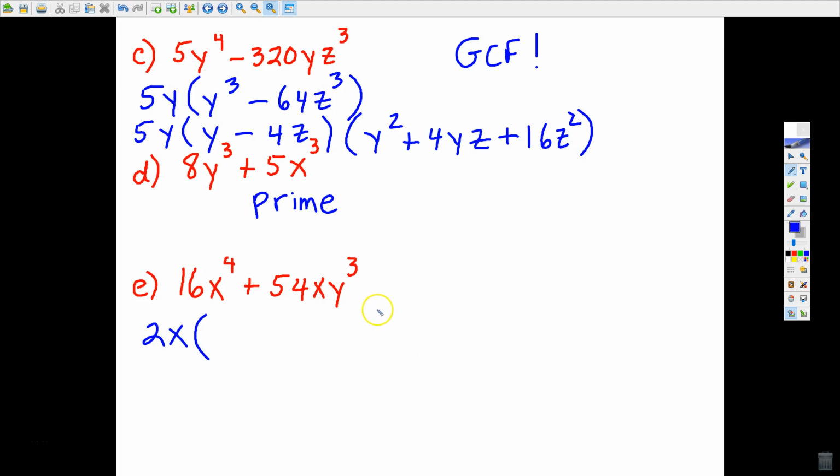Okay, Trent, can you tell me after factoring out 2x, what would go in the parentheses? X cubed. What about a number in front of x cubed? 16 divided by 2. Good. Okay, plus, and then what? 54y cubed. Well, 54 divided by 2. You got a calculator? 27, and then what was the other part you said? Y cubed. Very good.